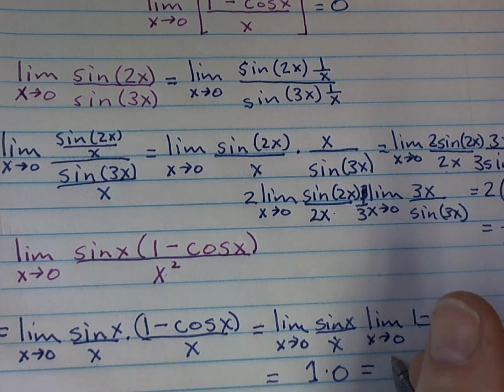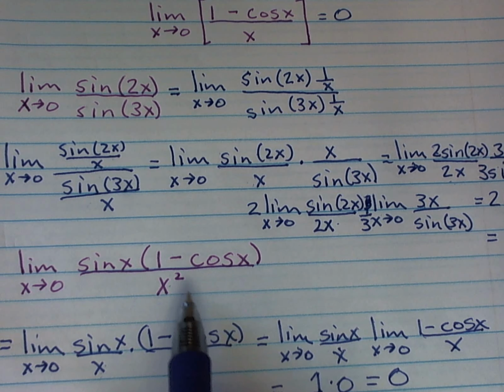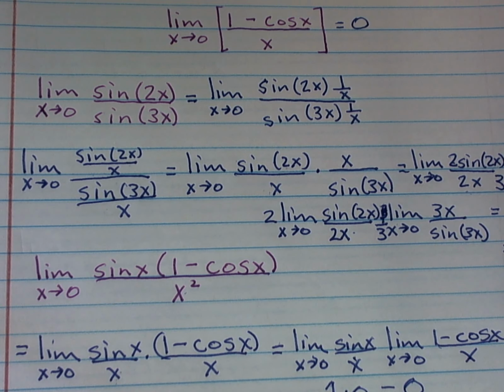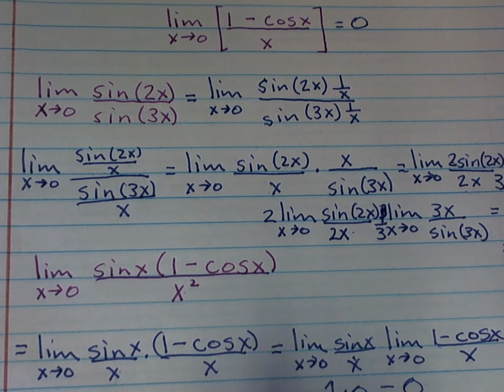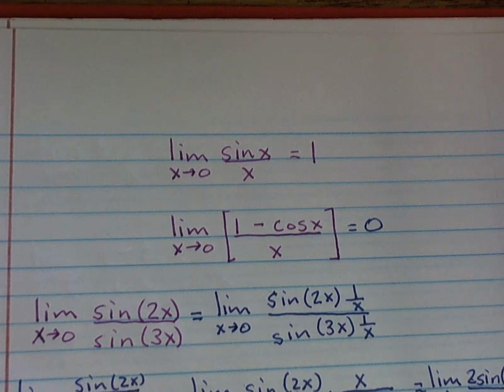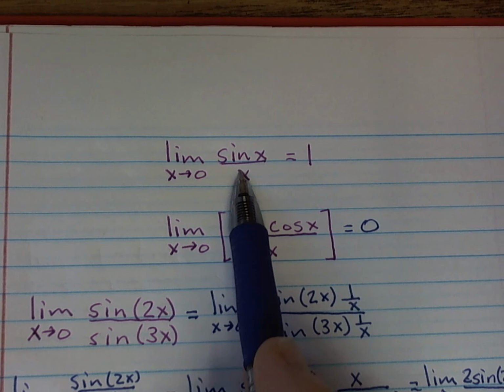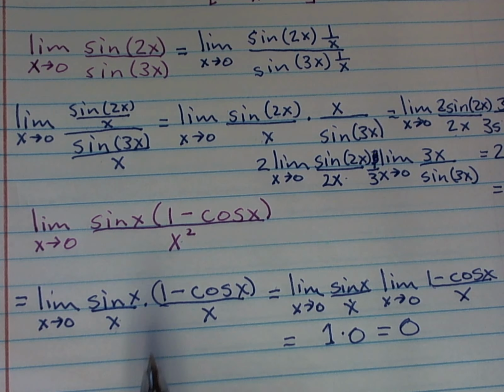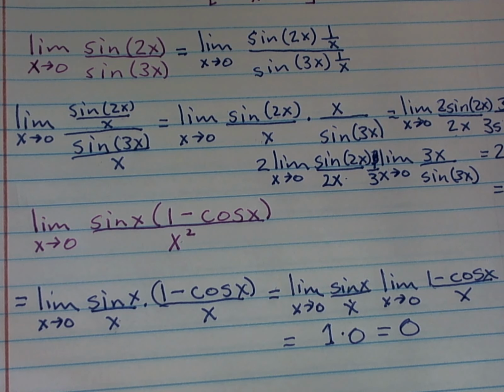And 1 times 0 would be 0. So that limit is 0. So these are two examples of where you play around a little bit and you realize these basic limits. Then you can use that and maybe manipulate these various limits that you come across to help you to evaluate them.